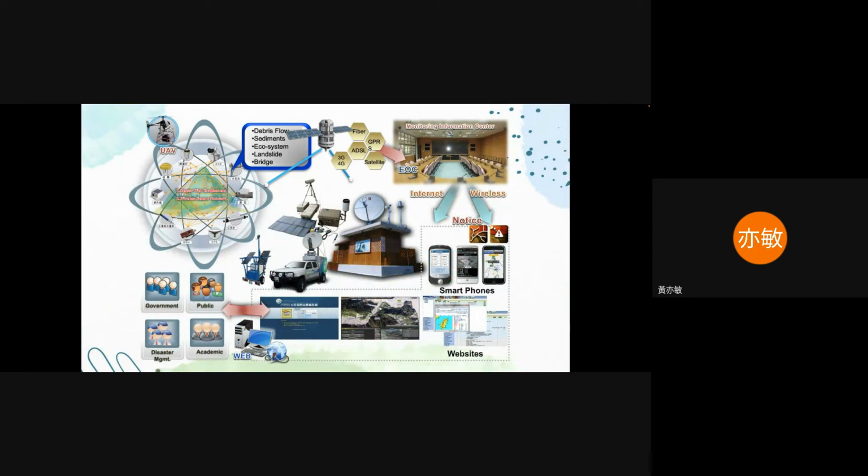And for on-site investigation, on the other hand, we can put sensors on the site. This slide shows you can put different sensors right here on the site, so you can narrow down to the locations you are interested in. We can put them especially for debris flow, for sediment transportation, for the local ecosystems, for landslides right here, and also for bridge damage.